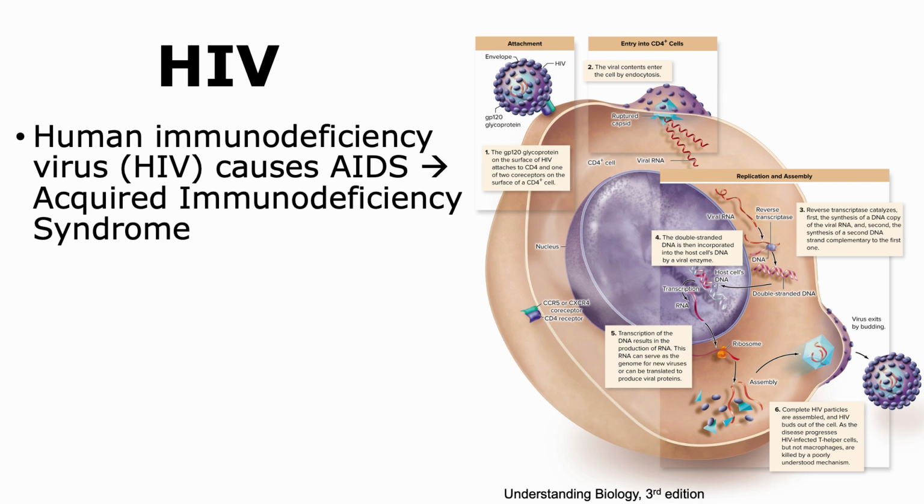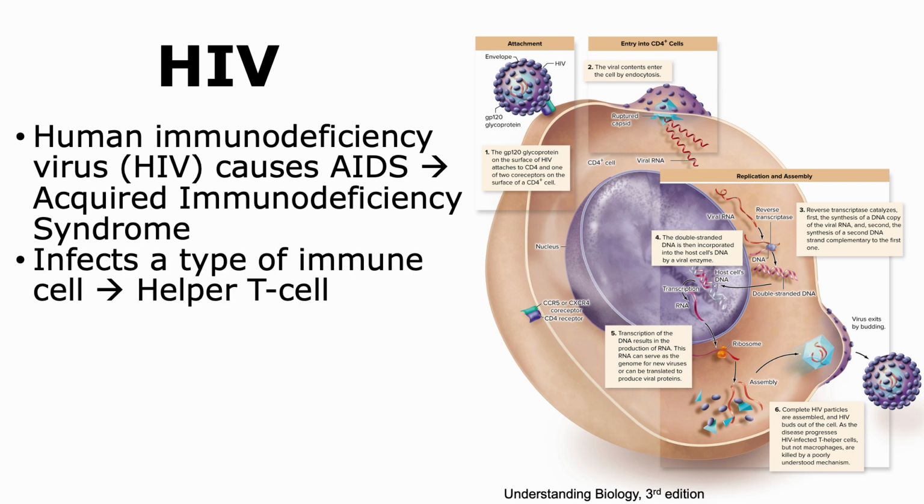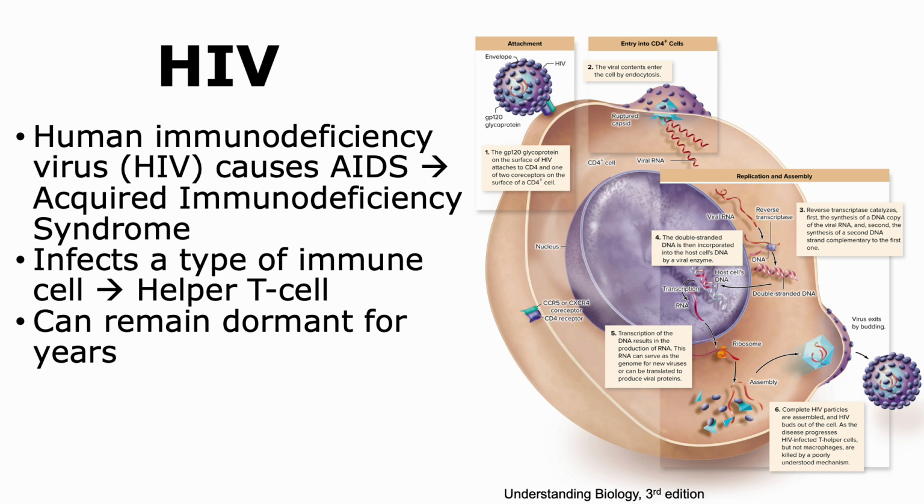The human immunodeficiency virus, or HIV, causes a disease called AIDS, which is acquired immunodeficiency syndrome. HIV infects a specific type of immune cell called a helper T cell. This helper T cell plays many important roles in ensuring that our immune system functions well. Once HIV infects a helper T cell, it can remain dormant in those T cells for many years.